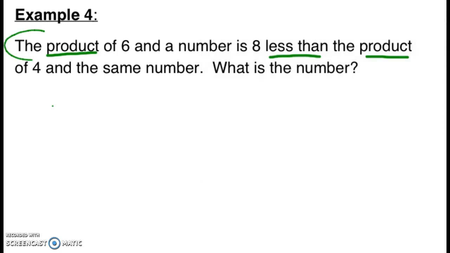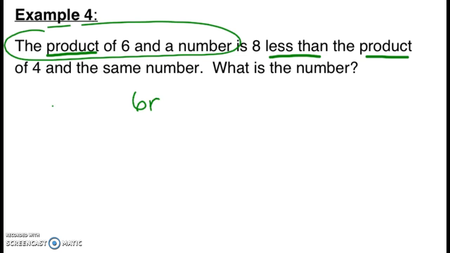So if I just start here, the product of 6 and a number, I'm going to write 6n is, that's equals 8 less than. Oh, that's one of those flip around words, less than. So instead of 8 minus, I'm going to do something minus 8. So it's 8 less than the product of 4 and the same number. So the product of 4 and the same number, let's multiply again, so 4n. 6n equals 4n minus 8.